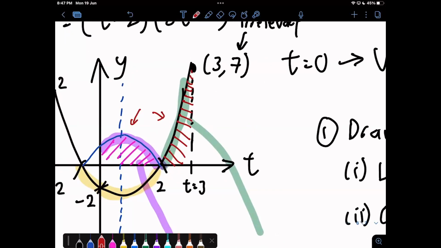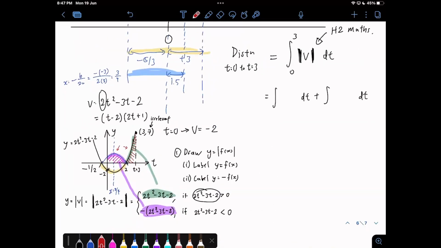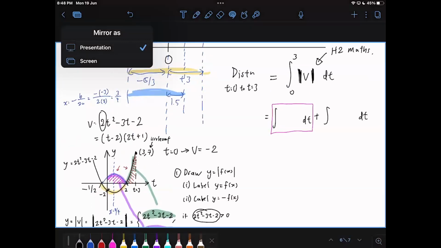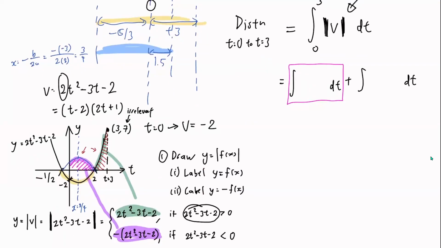Those are the two regions that we are going to find the area of, and that area will give you the distance traveled. Let me show you. This first pink color region, can you tell me what's the integral? Integrate what function? Upper minus negative bracket 2t squared minus 3t minus 2. From where to where?